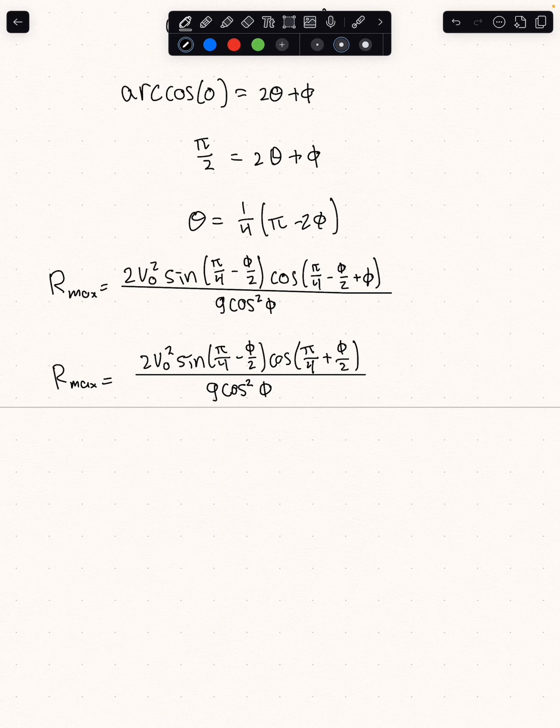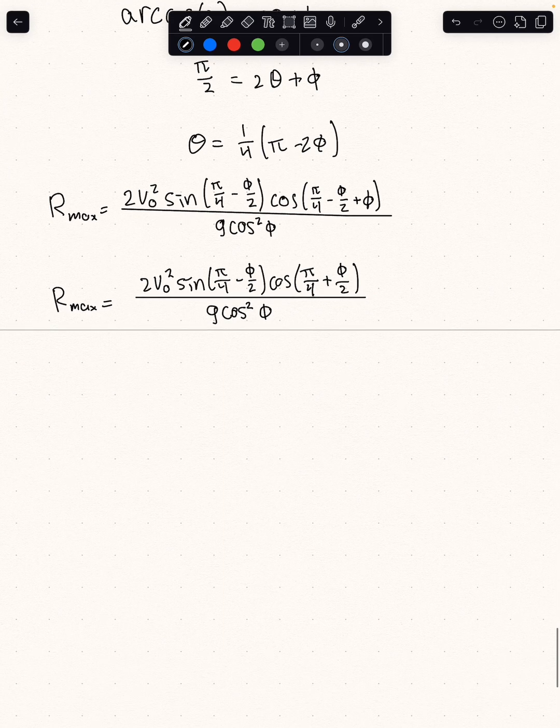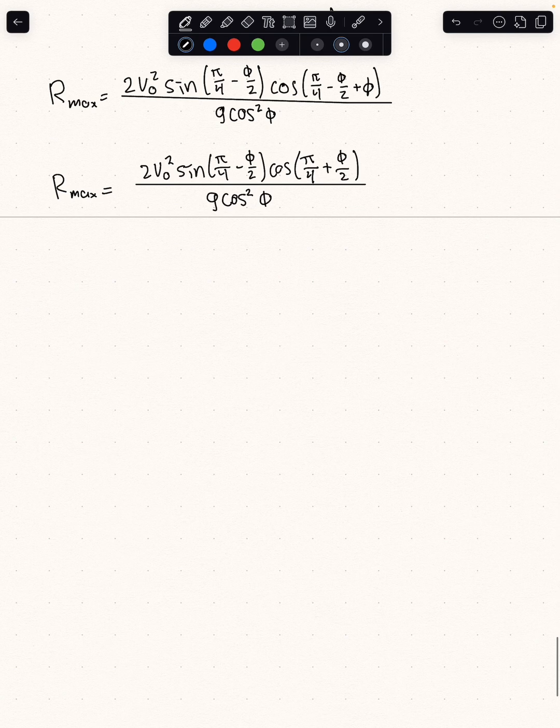Okay, we are almost there. This is going to get pretty messy, but it is going to simplify nicely to what we want. We are going to use some trig identities to expand this.